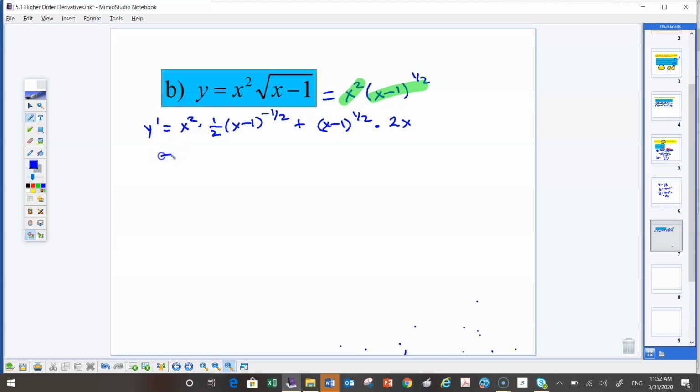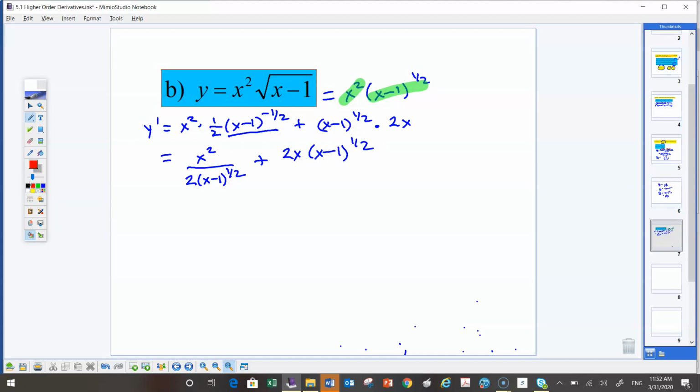Now we're just going to simplify this, so this part here can come down with the 2 and the exponent can become positive, so I'm going to have x squared over 2 x minus 1 to the 1/2 plus 2x times x minus 1 to the 1/2.